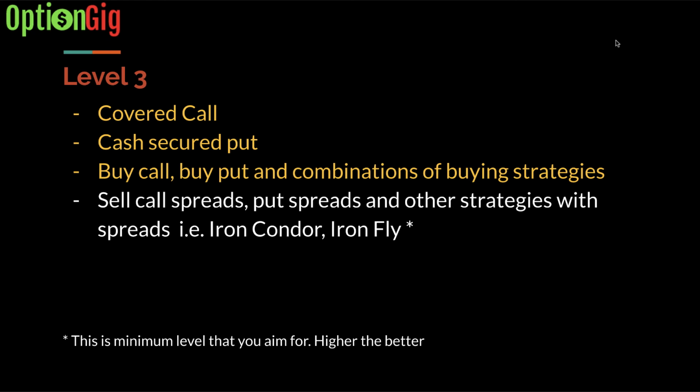Later on, we will see what you could do to enhance your chances of getting level 3, and some of the tips and tricks that you can use to continue to push your broker house to give you a higher level of approval. Okay, but in my opinion, this is the basic minimum level that you should have to really start trading options seriously. Now let's talk about level 4.